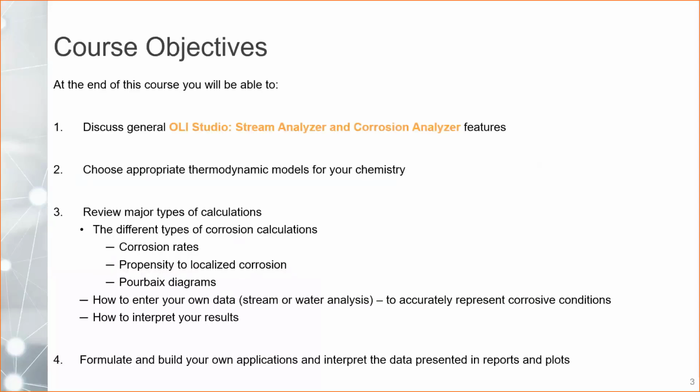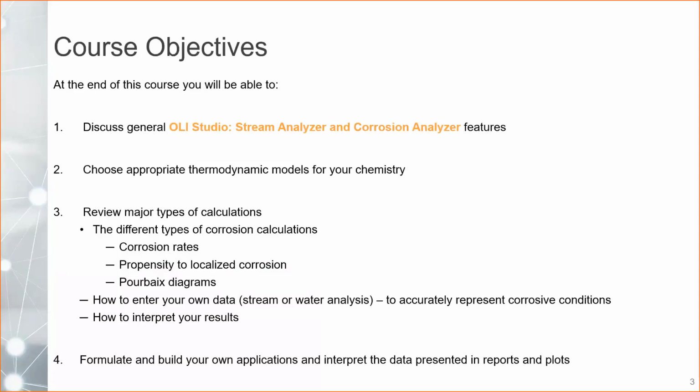Okay, so for the course objectives, we will be learning, as I said, Stream Analyzer and Corrosion Analyzer, mostly the Corrosion Analyzer. And then we will learn how to choose our appropriate thermodynamic models for the chemistry we want to model. And we will be learning how to calculate different types of corrosion calculations.